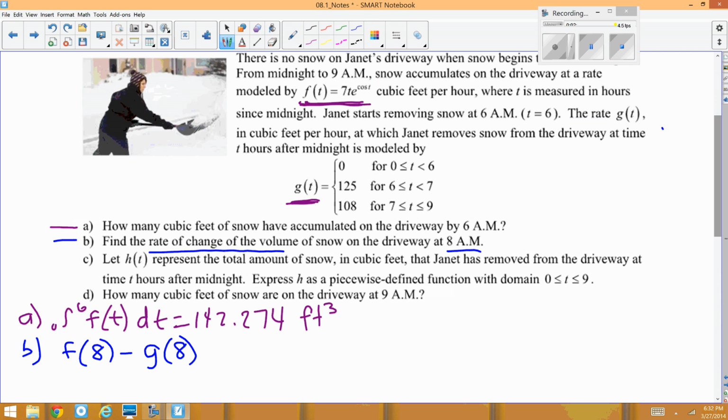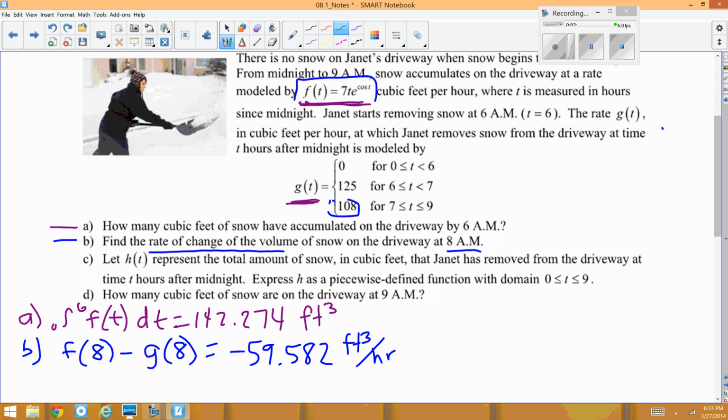You can plug this in, get a number. Okay, g of 8, that's going to be in here, so that's 108. So subtract them, and you should get negative 59.582, and always want to use units. Rate of change of the volume of snow. So it's cubic feet, and it's changing per hour.